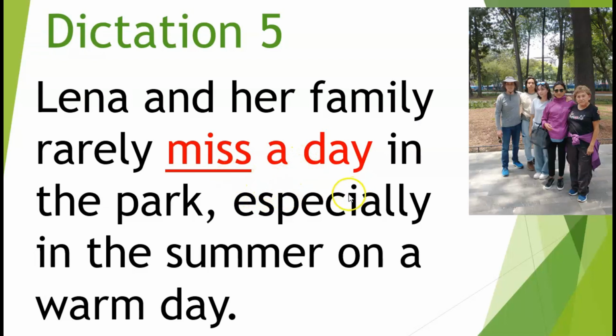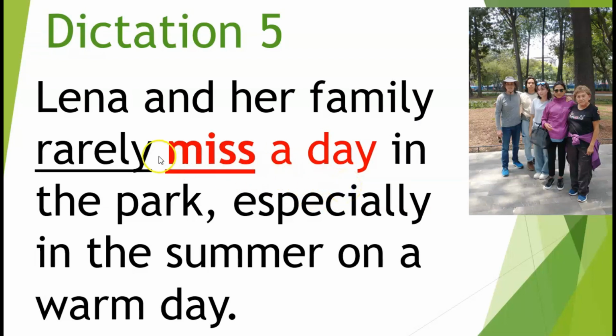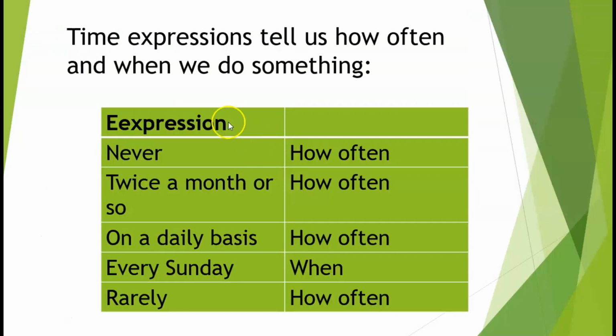Now, what about the time expression? The time expression here is rarely. Rarely miss a day. So again, this is the verb, and then the 2 words a day often go with this verb, and then rarely is the time expression. So time expressions tell us how often or when we do something.